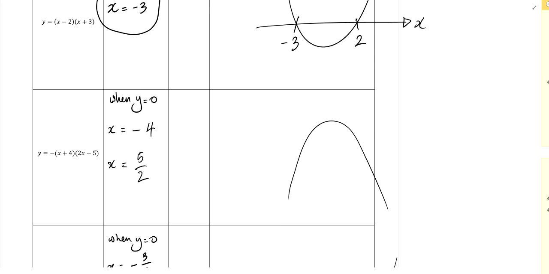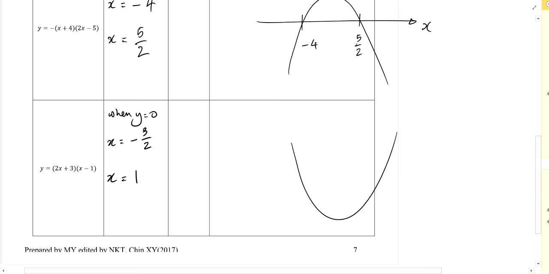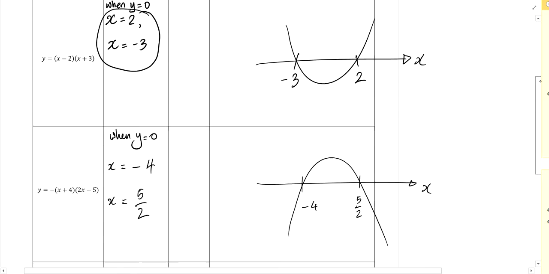For the second equation, x-axis over here, first value is negative 4, next value is 5 over 2. Last one, again we have 2 values: first is negative 3 over 2, next is 1. Does this look like a complete sketch? What's missing? The y-axis, right?